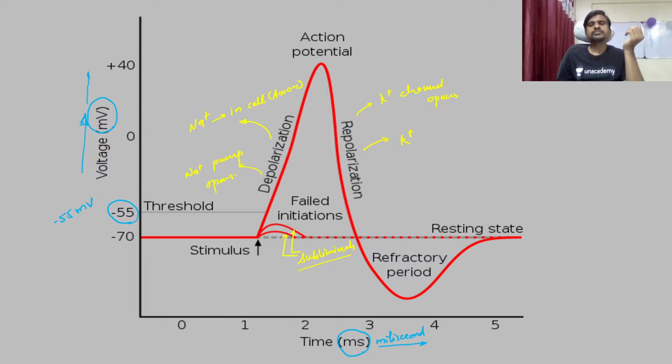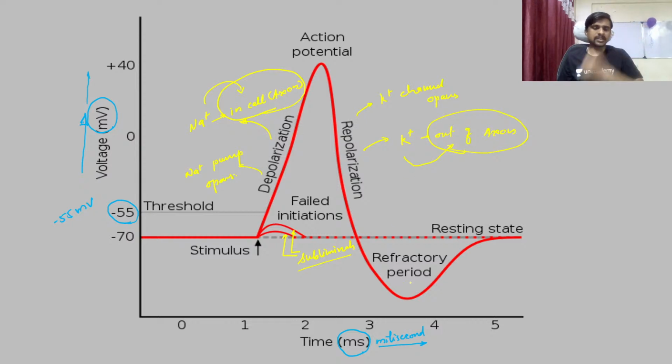Okay, so potassium is coming out of the axon. If you see, this is coming out of the axon and this is entering into the axon. So these are opposite to each other. So depolarization and repolarization are opposite to each other. In depolarization sodium is entering into the cell and potassium is coming out of the cell.